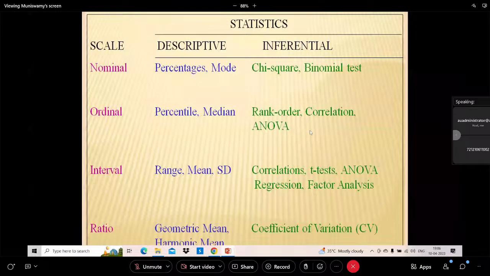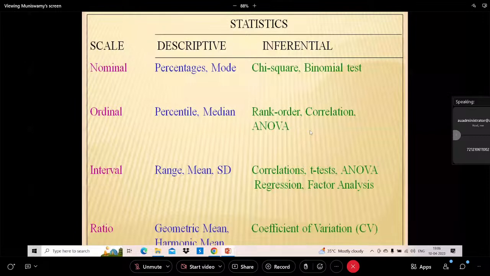Also, the entire statistics is classified into two groups: descriptive statistics and inferential statistics. In descriptive statistics, if the data is nominal, we go for percentage and mode. If it is inferential statistics, chi-square and binomial.